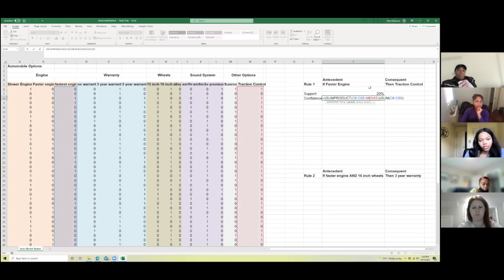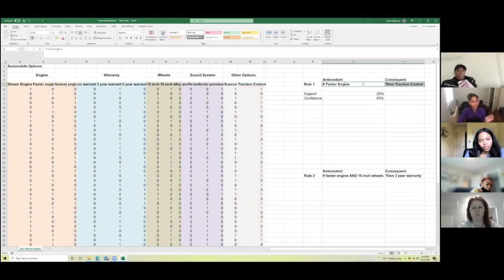So the higher the confidence, it means that you'll see the entire rule much more than you'd see just faster engine with some other characteristic. So higher confidence means that you see them together usually, and that means your rule is correct.